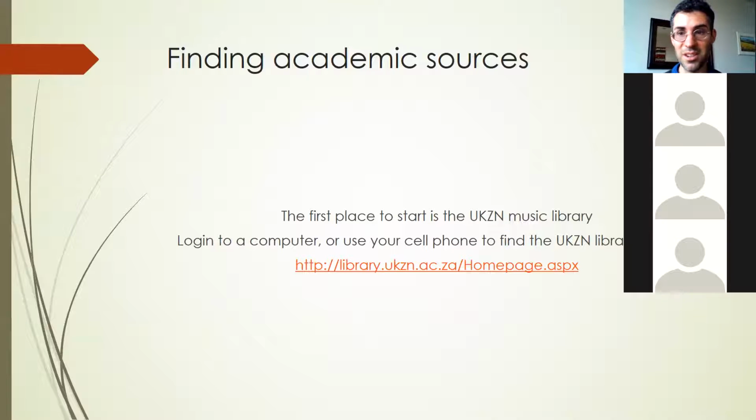The first place to start always is the UKZN library. Now, at the moment, the music library is not open for you to access because of COVID. But that doesn't mean that the library is not accessible at all. In fact, there are lots of things that are reliable information that are available through the library website online. So I'm going to show you that now.